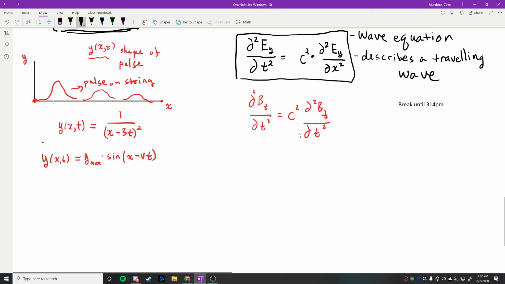And what we can do is we can say that some of the solutions of these would be what we call sinusoidal electromagnetic waves.